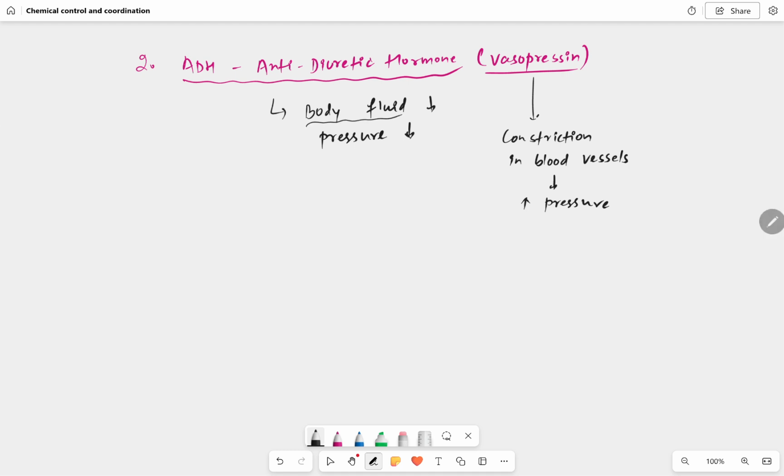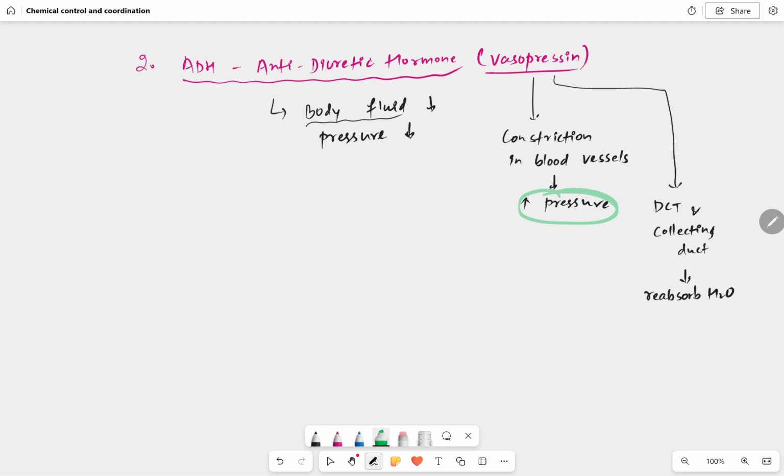So to maintain this body fluid volume, this vasopressin also influences the DCT and collecting duct to reabsorb water. So one thing is that it is causing the constriction, and this constriction leads to increased blood pressure, but the fluid volume remains there as such.